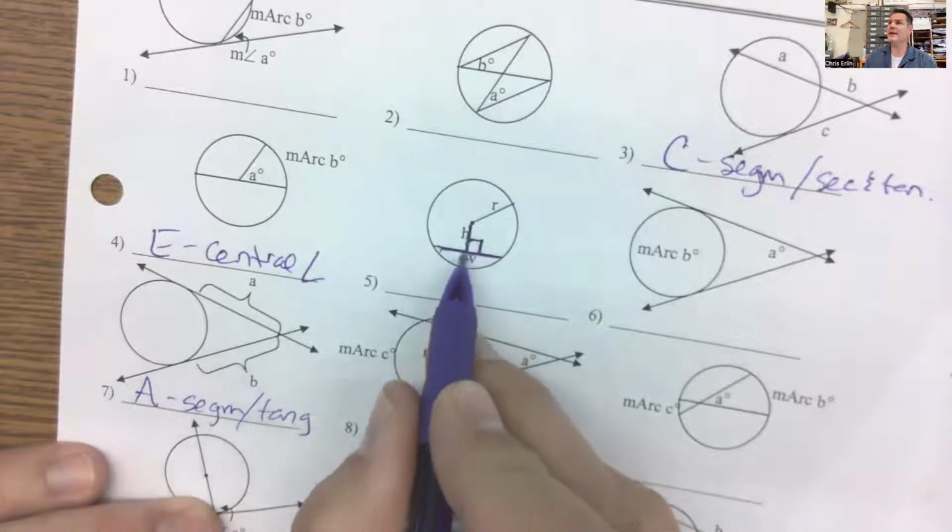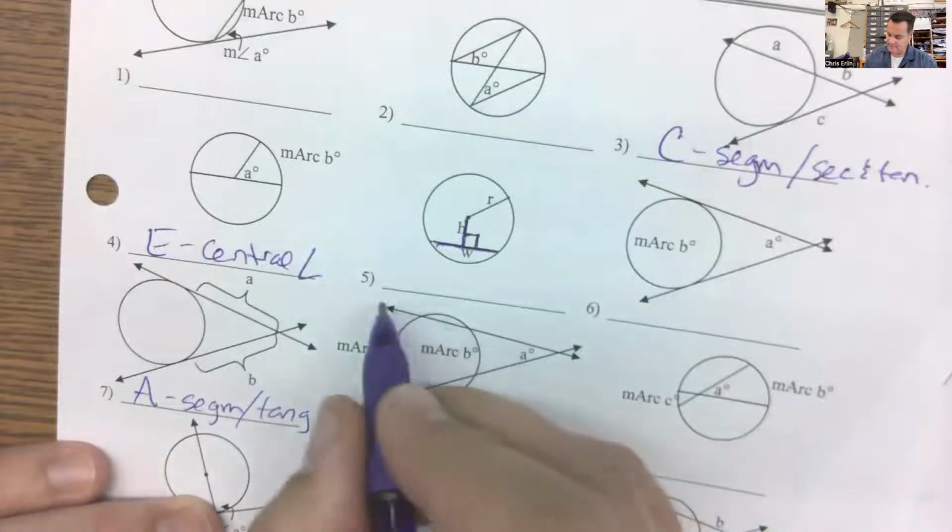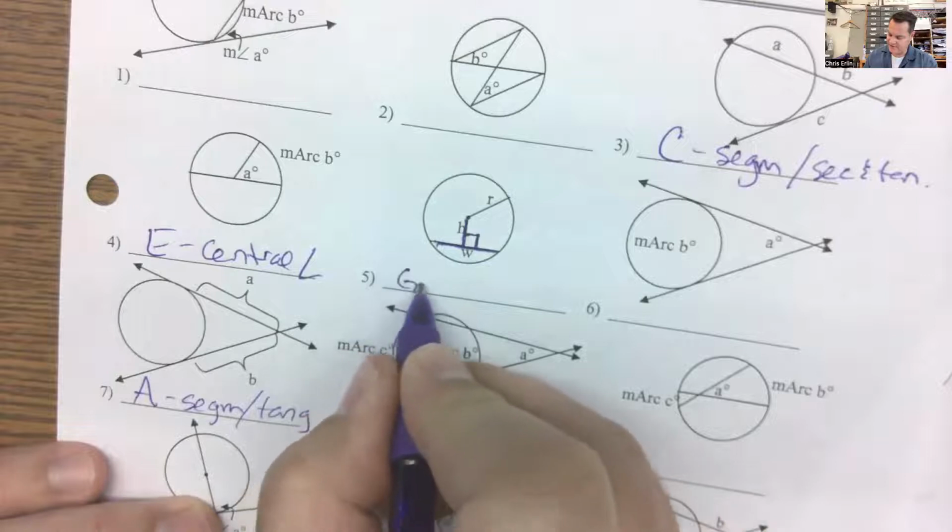What happens if you take a radius and you make it perpendicular to the chord? What does it do to that chord? Cuts it in half, it bisects it. So 5 is G, radius chord theorem.